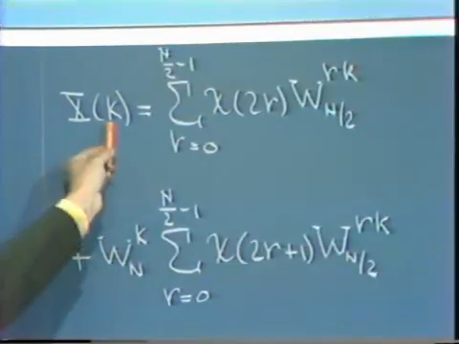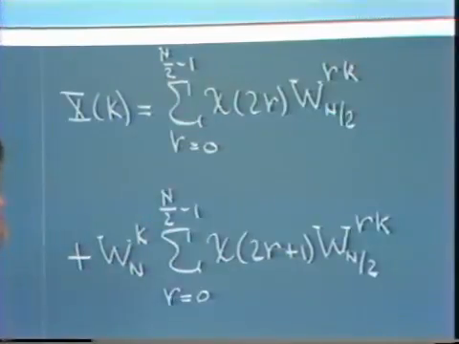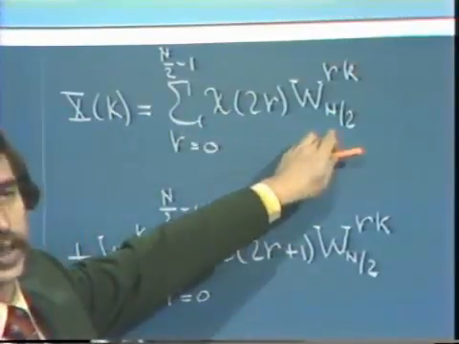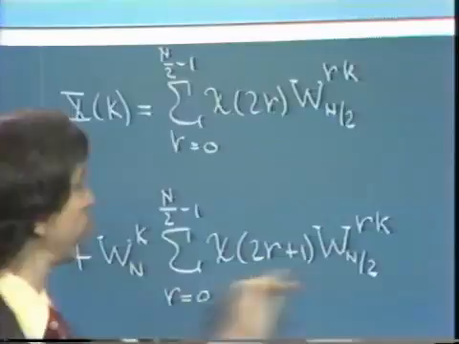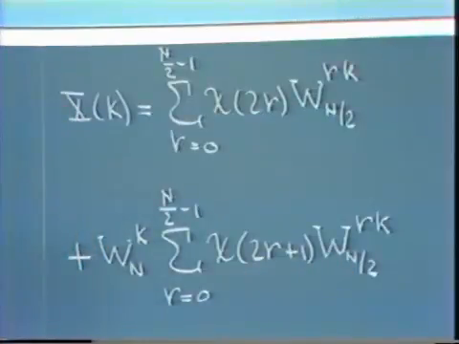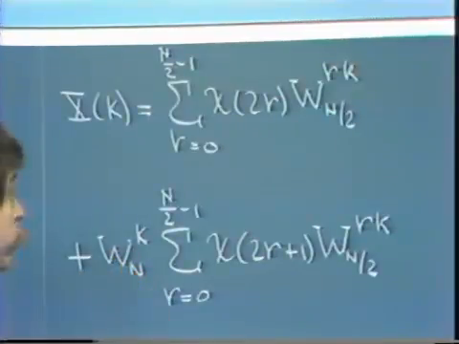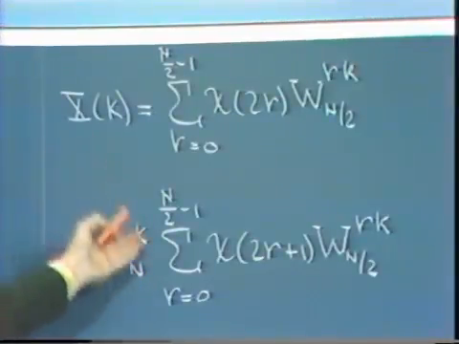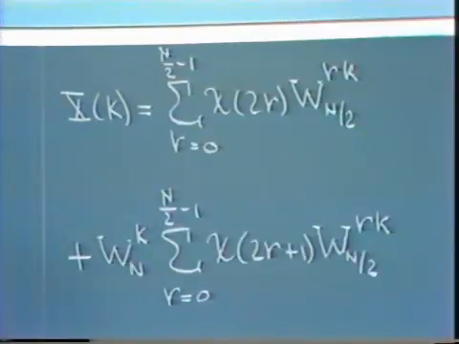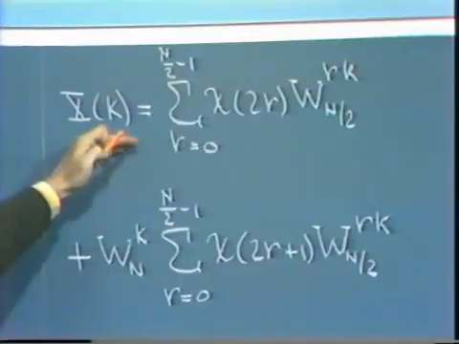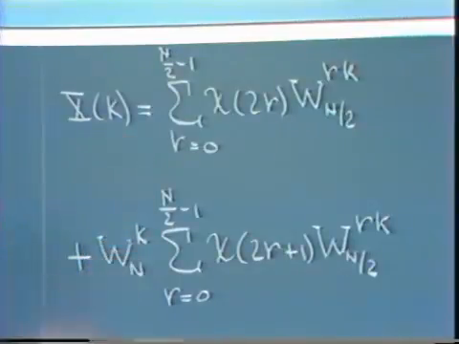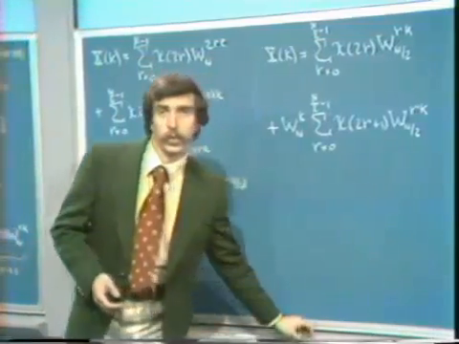So this says we can compute x of k by computing an n over 2 point DFT, another n over 2 point DFT, and combining those two together with this factor out in front, w sub n to the k. Now, it's not particularly obvious yet that, in doing this, we've saved something in computation, but let's look at what this implies in terms of the computational steps in a little more detail.